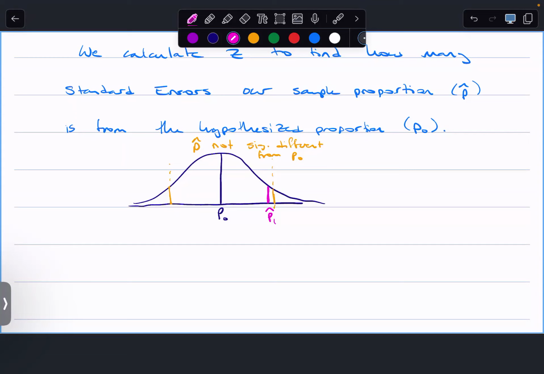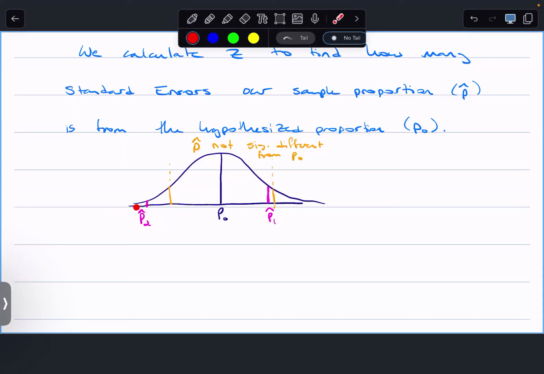I found that this second p hat was way out in the tails, right? So many standard errors away from p naught. Then I would say, okay, it's unlikely, but still possible, right?